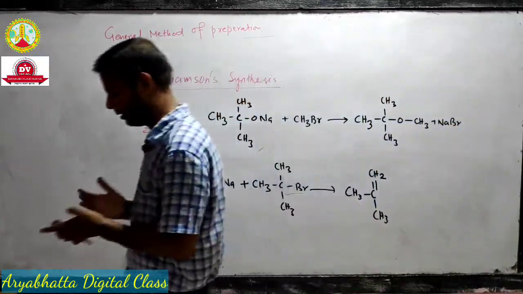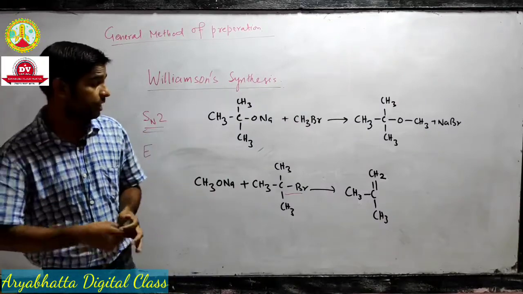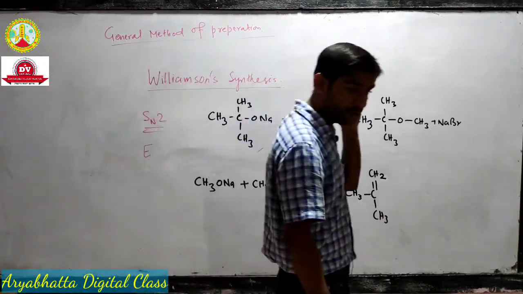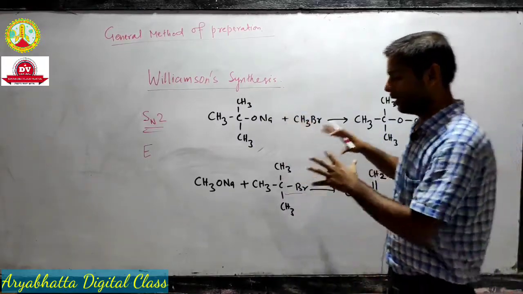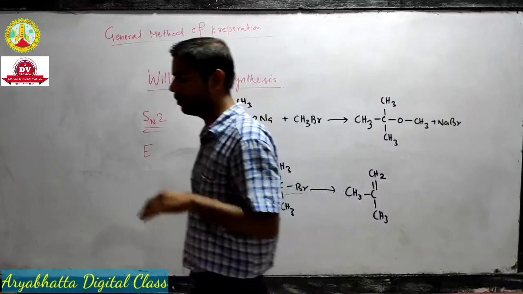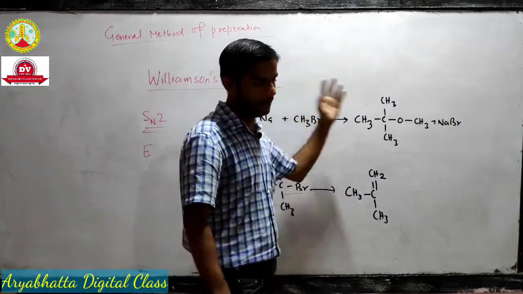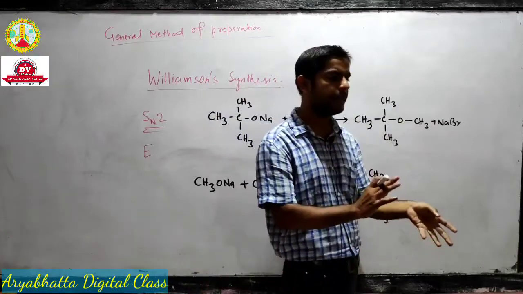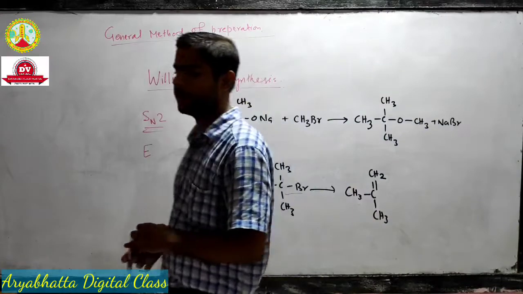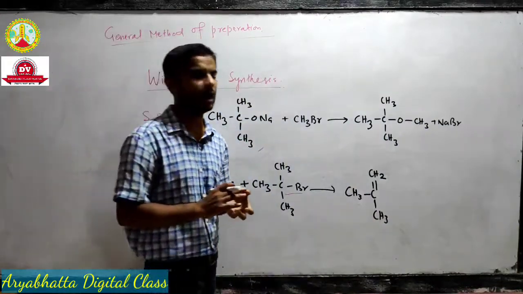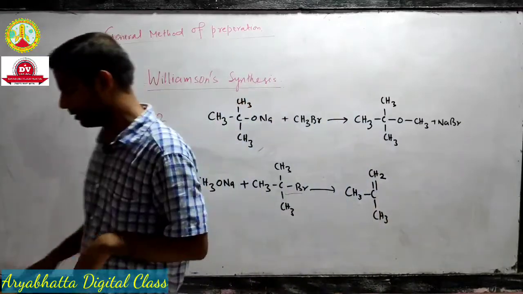So what we see is that in Williamson synthesis, in order to get an ether as a product, we must take the alkyl halide part to be 1 degree and the alkoxide part to be a 3 degree carbon. That is the best suited condition for Williamson synthesis.